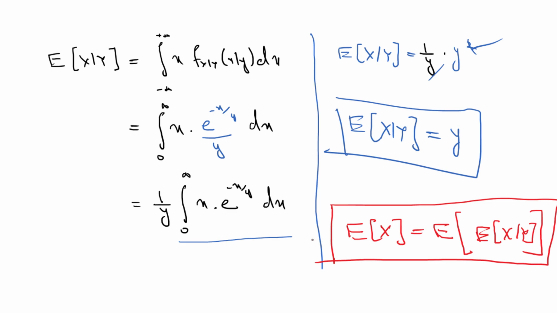This is a very useful and powerful equation and property of conditional expectation, because using this equation you can find the expectation of x without knowing the marginal density of x. Let us see how we can take advantage of this property. Continuing the same problem, let us find the expectation of this expression. I am going to put conditional expectation here and let's see what happens.